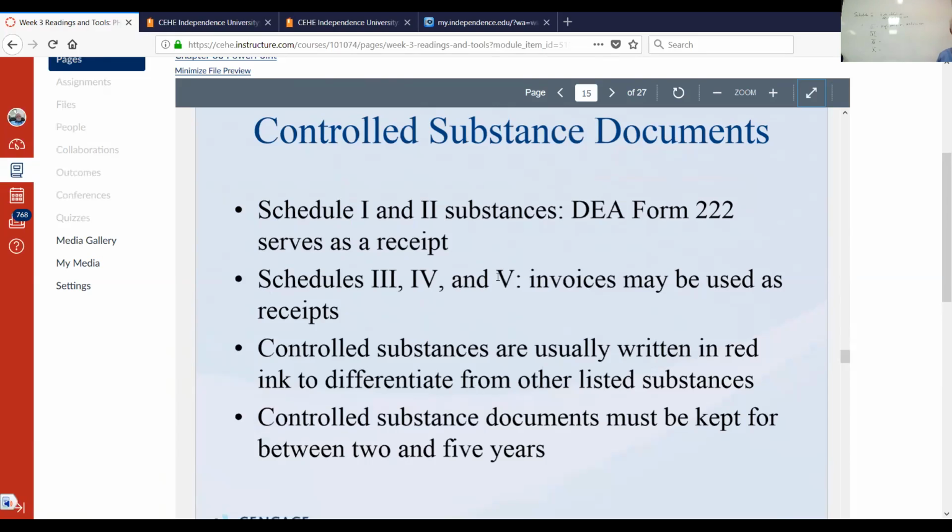Schedule 3, as I said. Schedule 4 includes things like Valium and a number of other drugs.